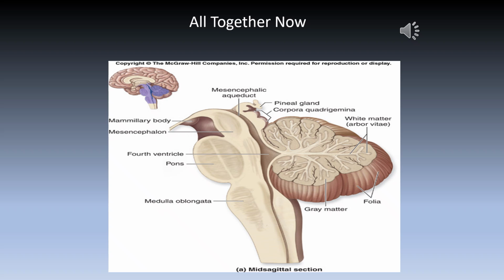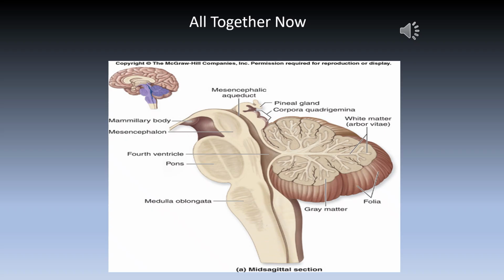Then we have the midbrain. I mentioned to you on the previous slide that there is a superior cerebellar peduncle. This is for signals to come from the cerebellum back to the brainstem at the level of the midbrain.